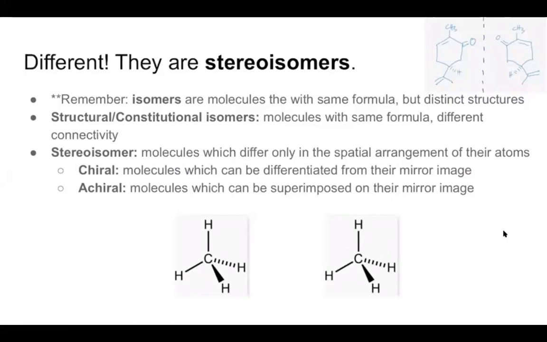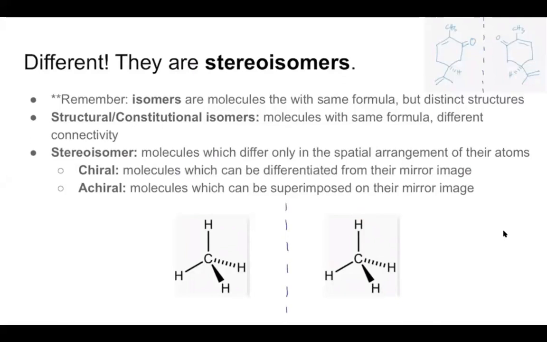An achiral stereoisomer is a molecule that can be superimposed on its mirror image. An example of an achiral molecule is these two molecules right down here. Let's draw another mirror, and let's imagine again that this methane is staring in the mirror, and this is what it sees in reflection.